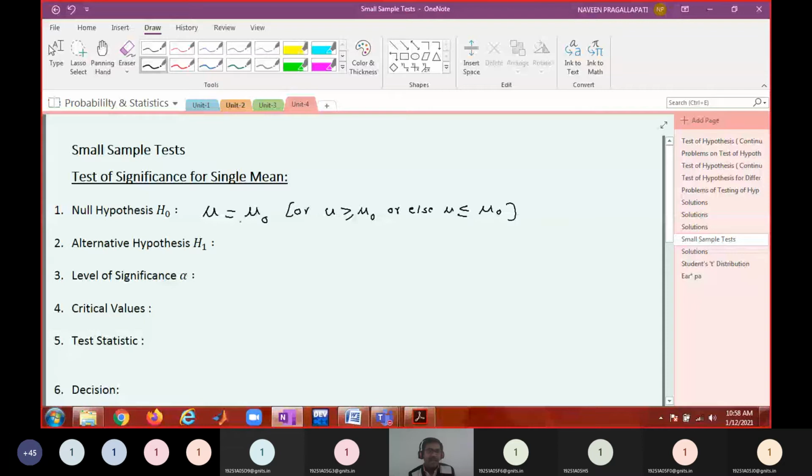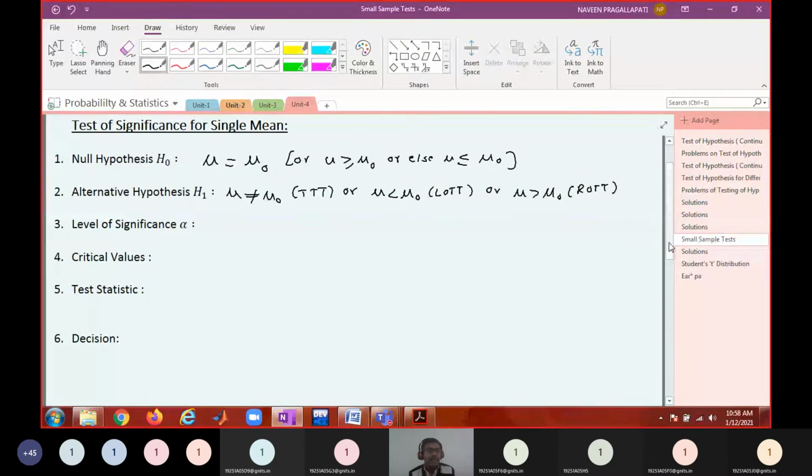The alternate hypothesis is either mu not equal to mu naught, two-tailed test, or, opposite of greater than or equal to, mu less than mu naught, left one-tailed test, or mu greater than mu naught, right one-tailed test.